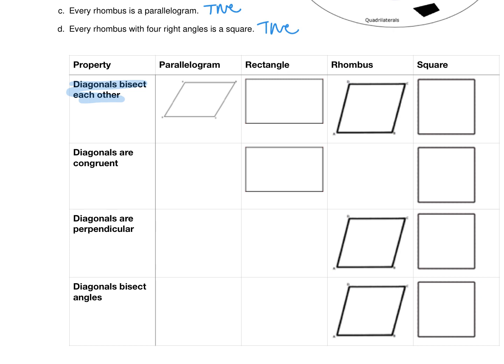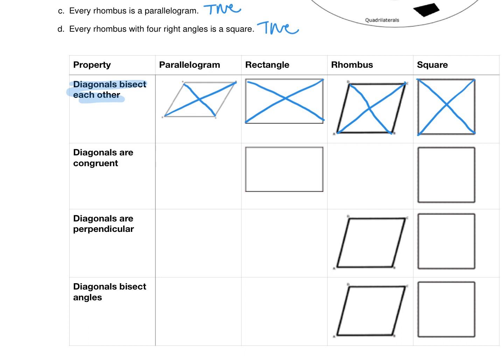A parallelogram has diagonals that bisect each other. A rectangle has diagonals that will bisect each other, which remember, bisect just means touch or intersect. A rhombus has diagonals that will bisect each other, and a square has diagonals that will bisect each other, okay?